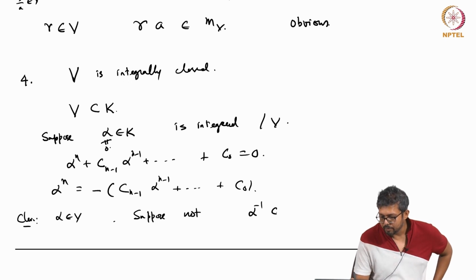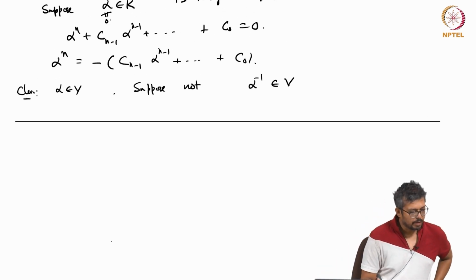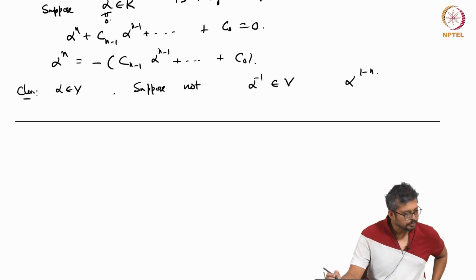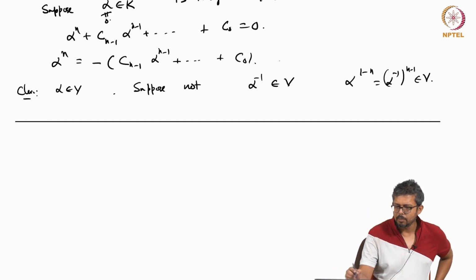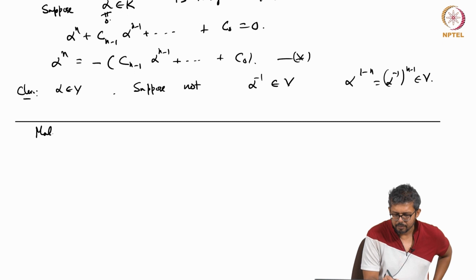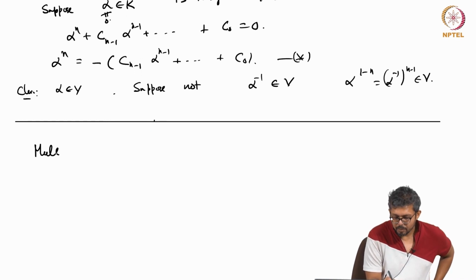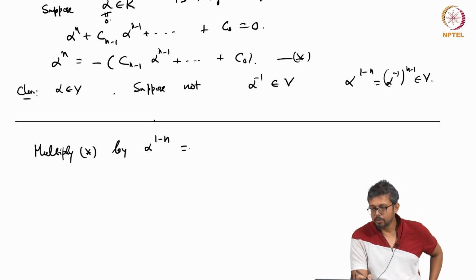Then alpha inverse should be in V, because by the definition of a valuation ring, where V is a valuation ring of K. So, alpha inverse belongs to V implies that alpha power 1 minus n, which is nothing but alpha inverse to the n minus 1, belongs to V. So, if you multiply star by alpha power 1 minus n, then what do you get?